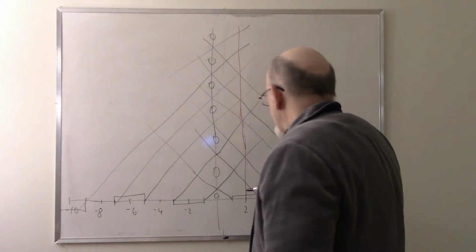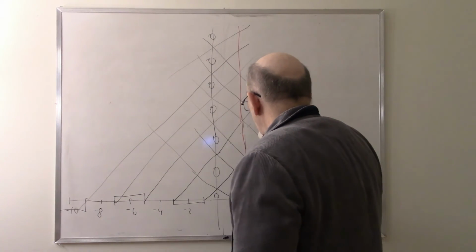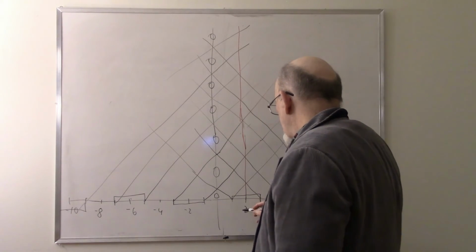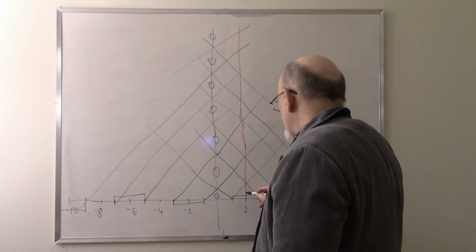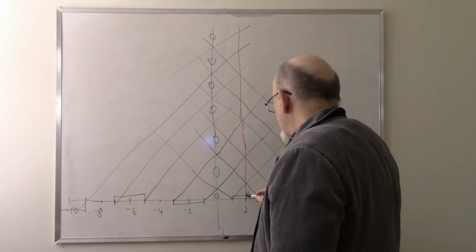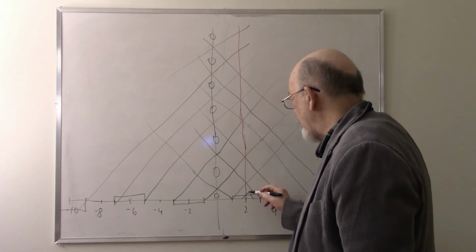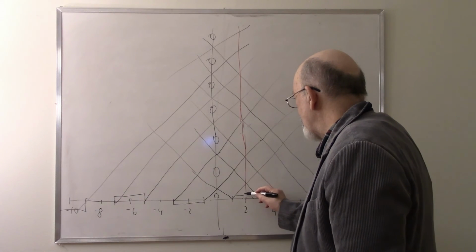Here, one moment. Here the function equals 1. So if you take the characteristic here, the result will be 1/2 plus 1/2. So here it is 1.